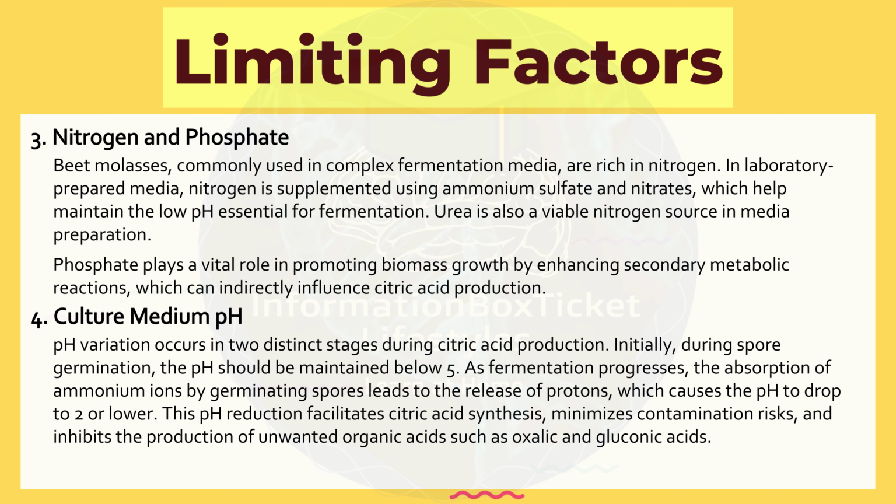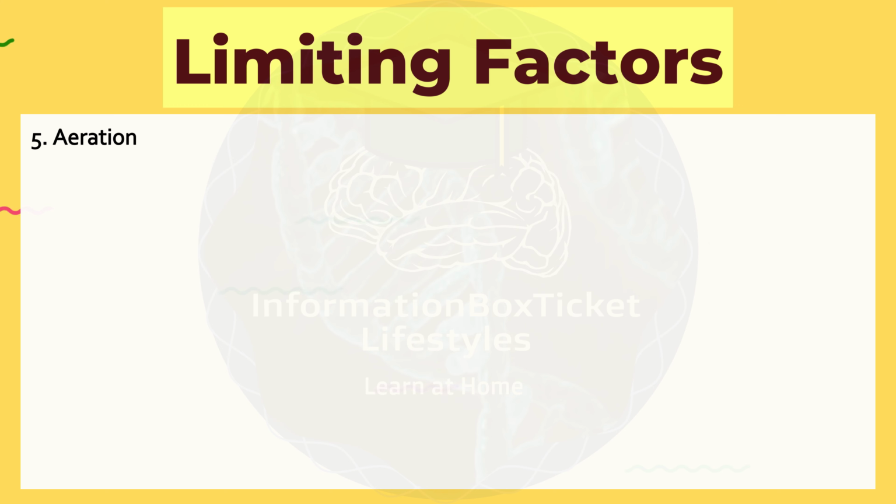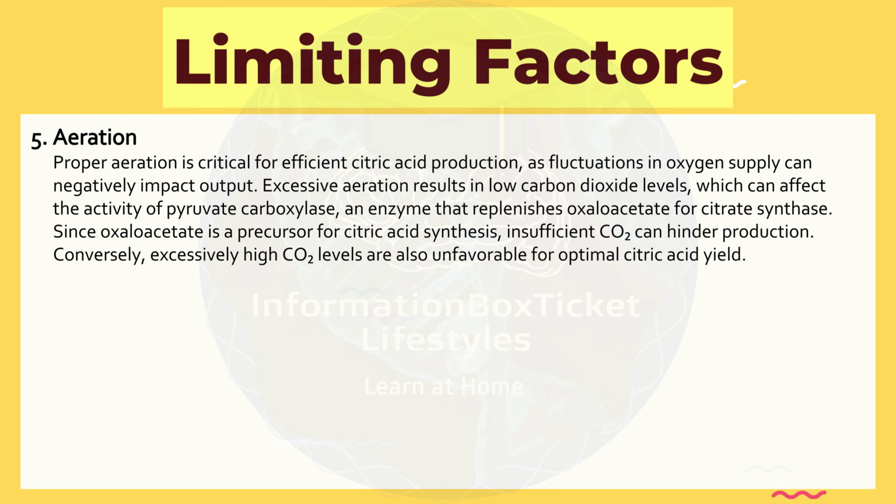This pH reduction facilitates citric acid synthesis, minimizes contamination risks, and inhibits the production of unwanted organic acids, such as oxalic and gluconic acids. Fifth, aeration. Proper aeration is critical for efficient citric acid production, as fluctuations in oxygen supply can negatively impact output.